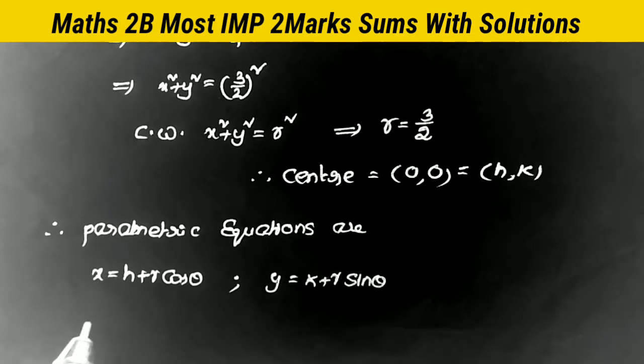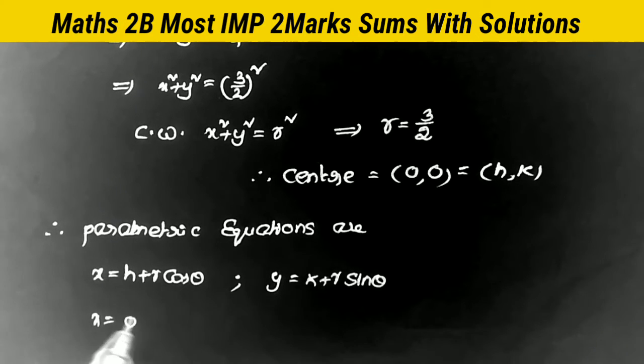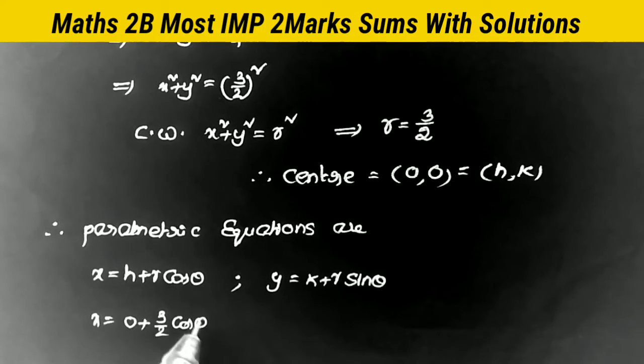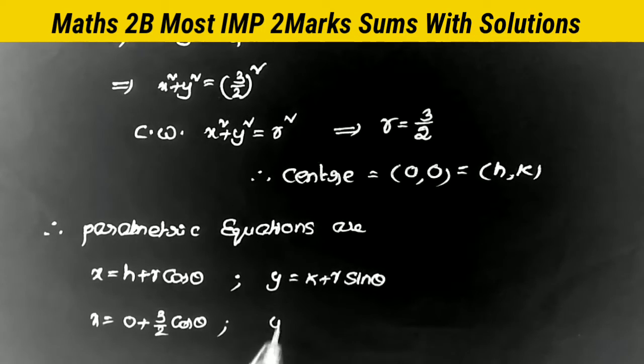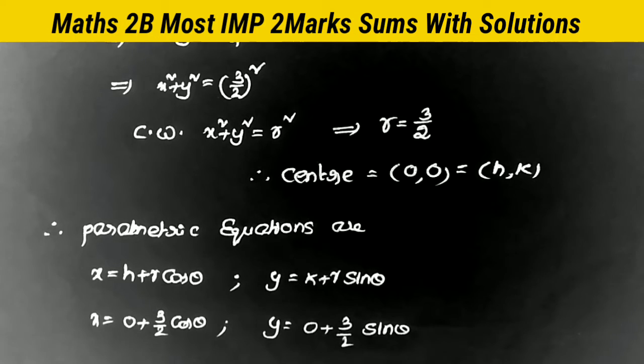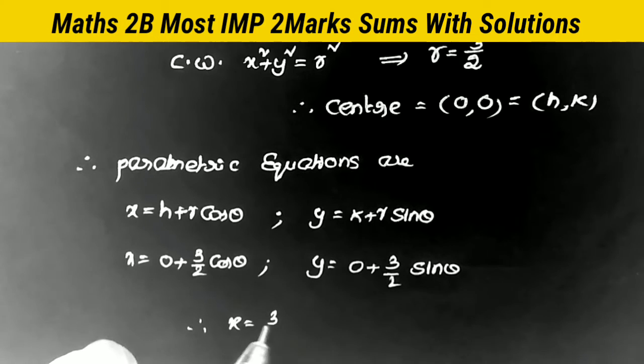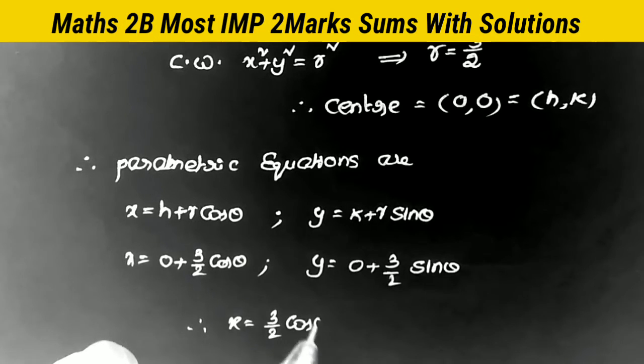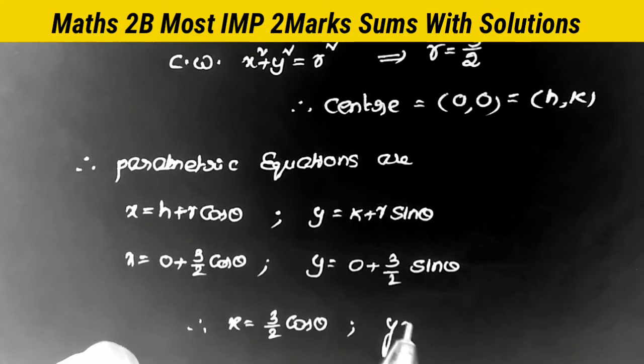Now substituting the values, x is equal to h value 0 plus r value 3 by 2 cos theta, and y is equal to 0 plus 3 by 2 sin theta. Therefore, the parametric equations are x is equal to 3 by 2 cos theta and y is equal to 3 by 2 sin theta. That's all. This is the answer, the most important model.